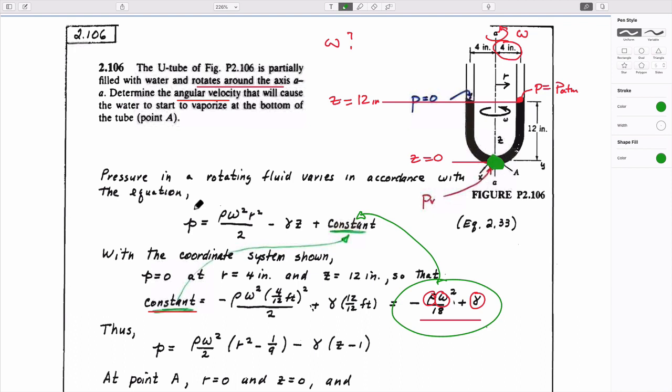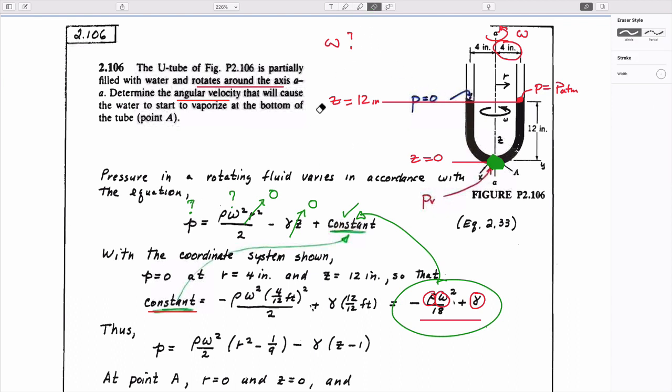And so now we'd like to know the pressure here. We know the constant. We know the elevation of that point is going to be 0. You can come in if you want. We know the radius of that point is also going to be 0. We still don't know this, but we do know what this is.